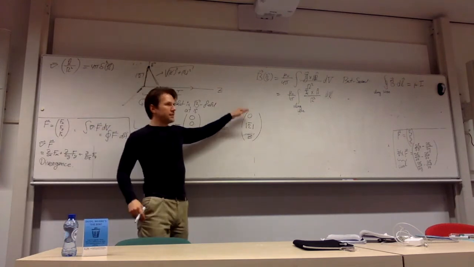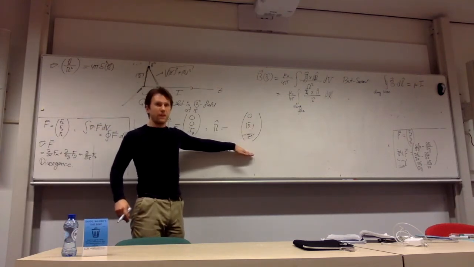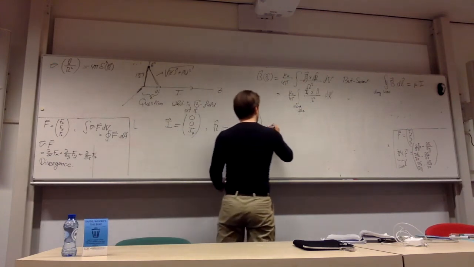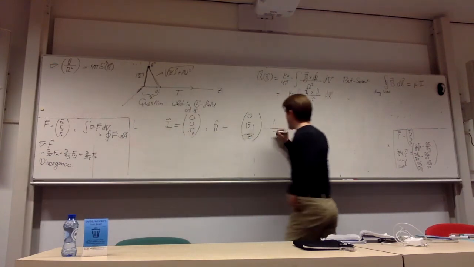So if we want to make sure this vector, which has the right direction now, has the right length, we have to divide it by its length. So it gets the total length of unity. And here it is, what the length is.